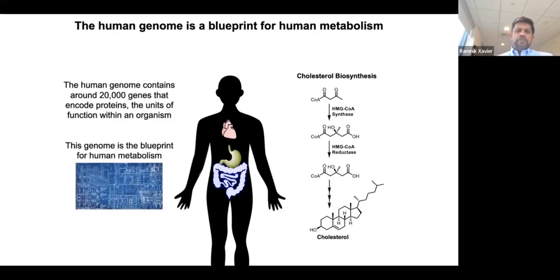So the third example, I think I briefly alluded to in one of my earlier slides, is that cholesterol biosynthesis goes through some defined steps. And many of the enzymes that mediate this cholesterol biosynthesis have been discovered. The discovery of HMG-CoA reductase led to a Nobel Prize, and the discovery of the commonly used statins.